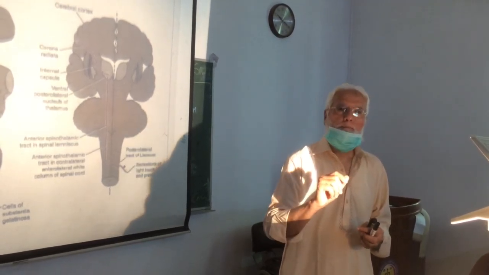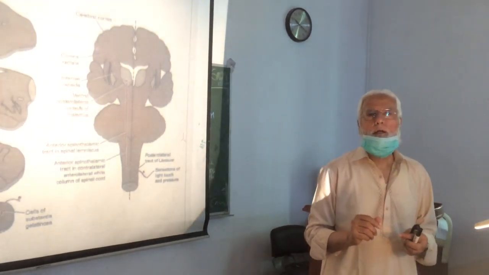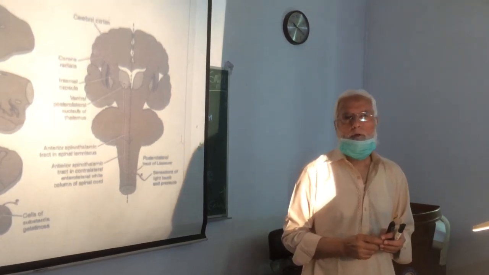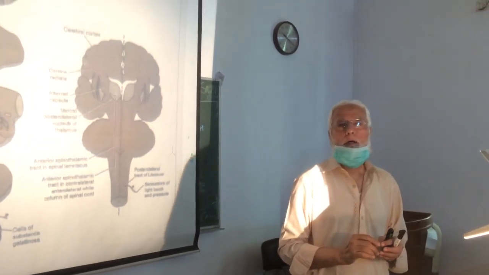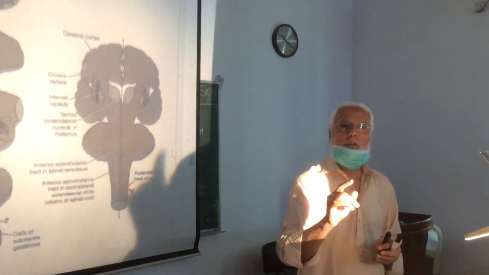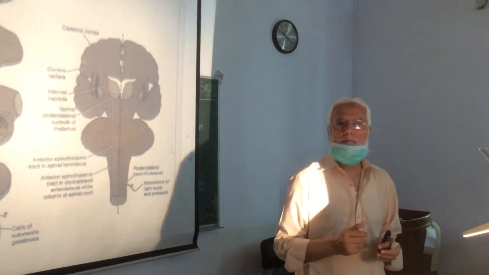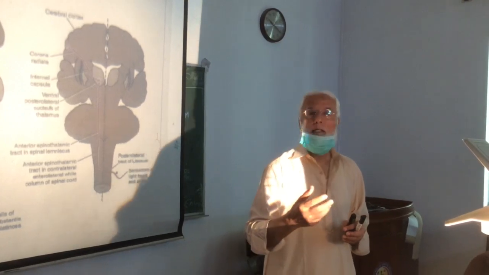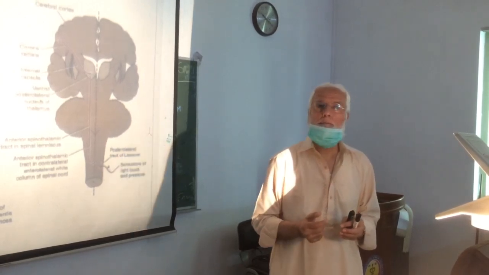Now moreover, slow pain fibers have different terminations. Slow pain fibers go to the reticular formation, tectum of the midbrain, and periaqueductal gray matter.